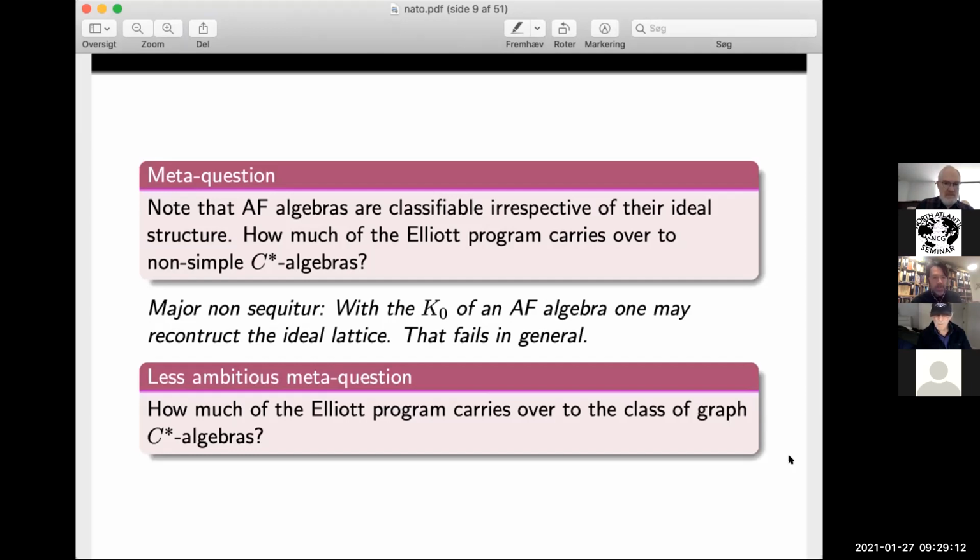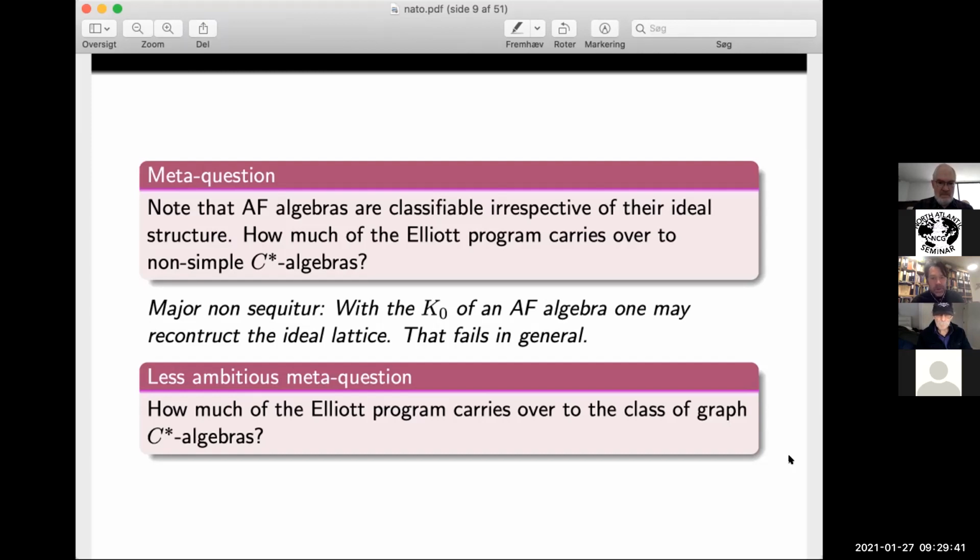That's a little bit naive, because the K-theory of an AF algebra knows the ideal lattice of the C-star algebra, and that's not generally true. So that's a bit too much to ask for. But of course, with the Elliott program almost completed, there's a little snag with the UCT and these kinds of things. Then of course we're interested in the more general setting of non-simple C-star algebras, and that is going to be very difficult, right?